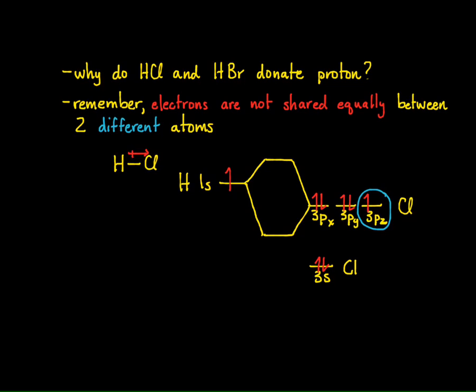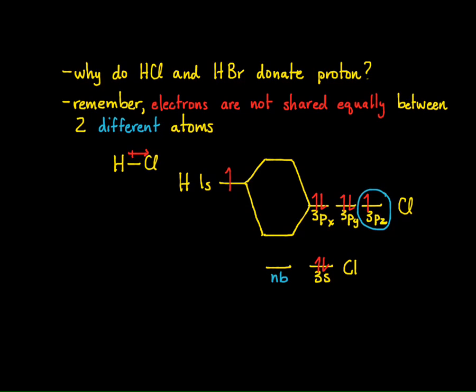So when they mix, what do we end up getting? How many orbitals are we mixing? 1 orbital from the hydrogen 1s, and then 4 orbitals from chlorine. So we need to end up with 5 new orbitals. One of the orbitals is simply from the 3s, called a non-bonding orbital, right?